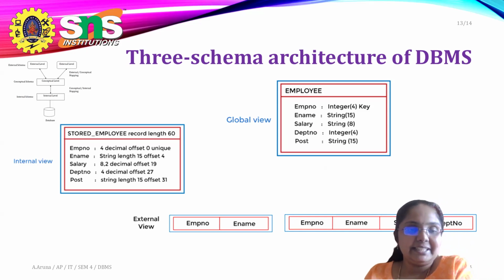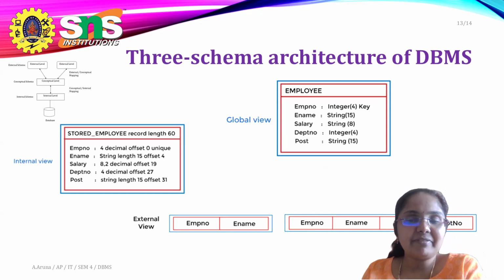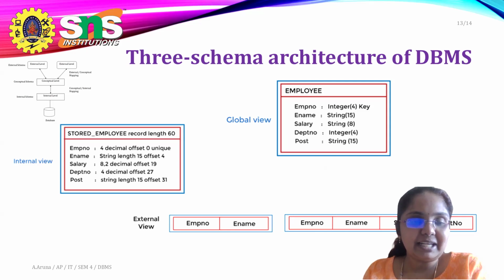Employee is my database, and inside it we have employee number, E-name, salary, department number, and post as attributes. Employee number is a decimal number of size 4. E-name is a string, a varchar, with a size of 15.